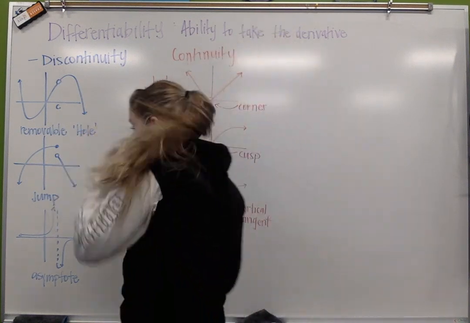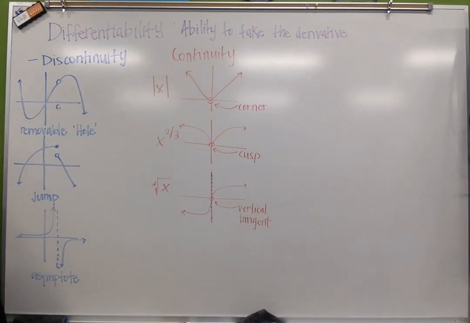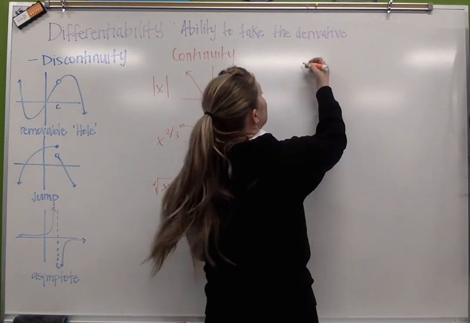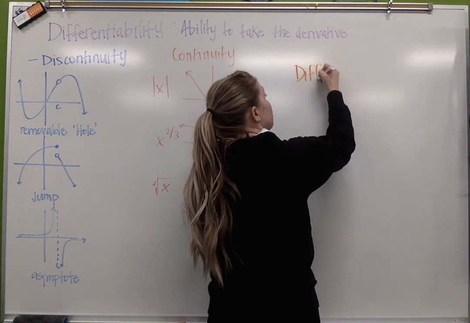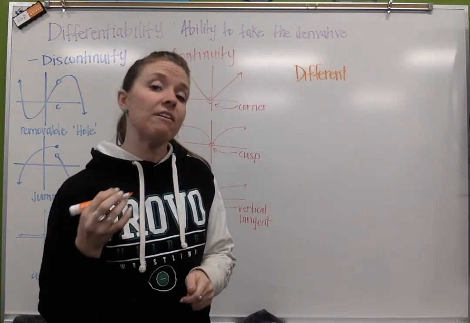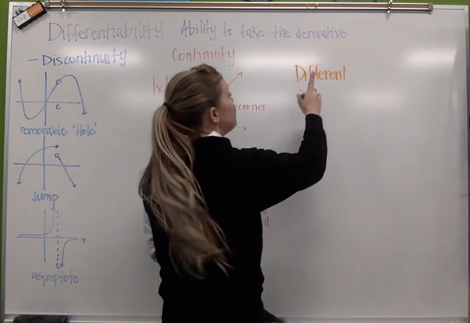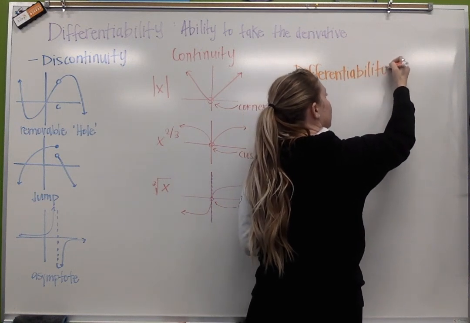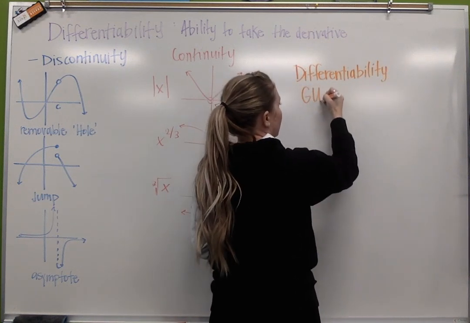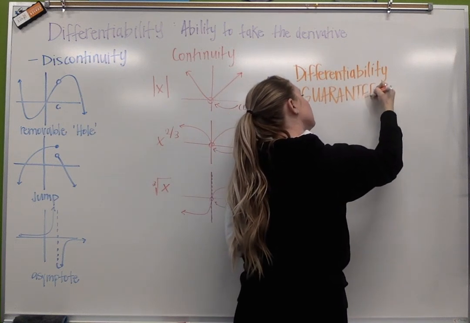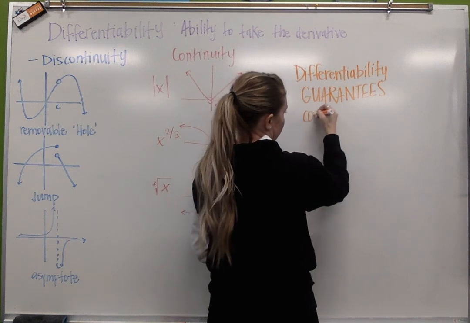So something I really want you to remember, this is going in your gee whiz, you're going to keep it in the top of your brain at all times. Differentiability, meaning if I am able to take the derivative of a function at every single point, differentiability guarantees continuity.